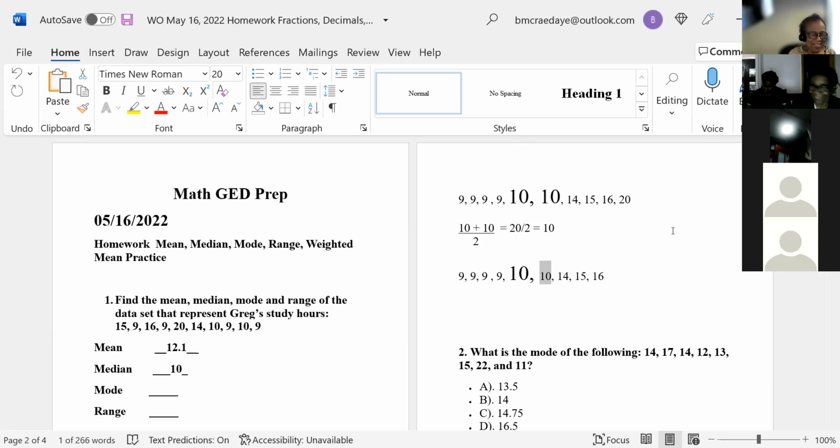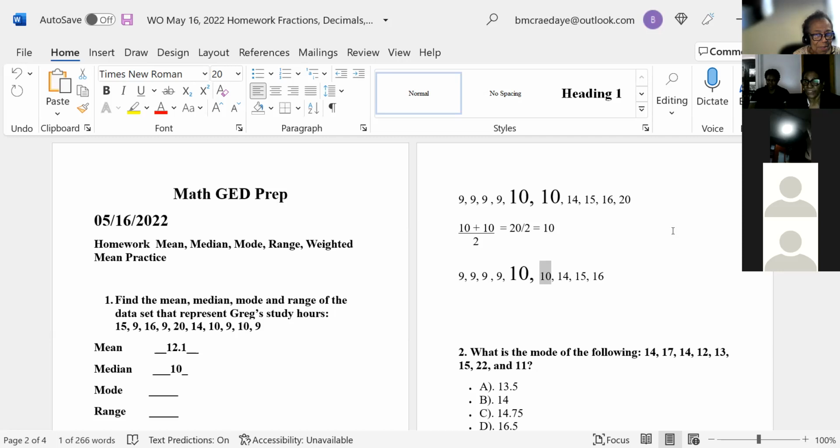Yes. So Alva, what's the mode? How do you determine the mode of a set of data? Hold on a second.